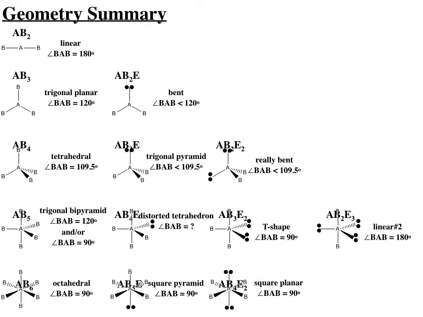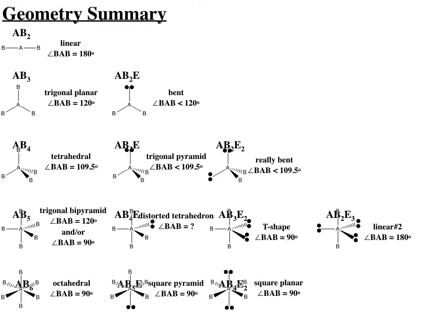So derived from the trigonal planar, I have the AB2E, which means two of the trigonal planar locations are bonded atoms, then there's a non-bonding pair of electrons on the third. I have an AB3E from the tetrahedron, three bonded atoms and one lone pair. I have an AB4E starting from the trigonal bipyramid, and an AB5E starting from the octahedral.